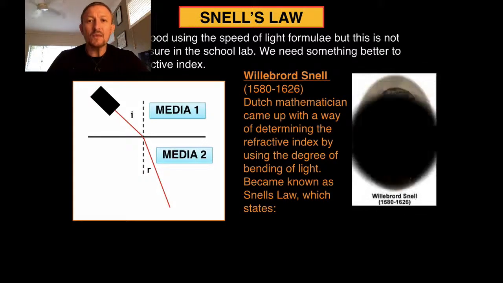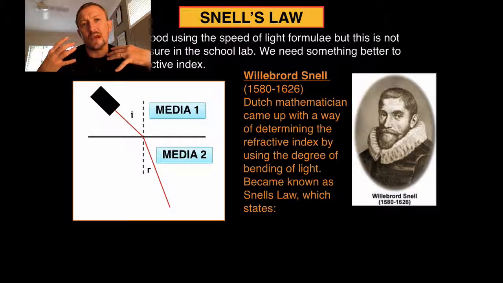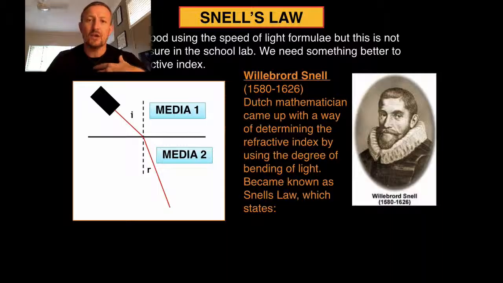Now, it was Willebrord Snell, a Dutch mathematician, who came up with a law which allowed us to utilize mathematics to determine the angle of refraction of light passing through an object. What I always find amazing is when you look at the dates when these guys were around. A lot of the famous scientists and a lot of the laws that we look at in physics were developed way before we had computers and high-tech technology.